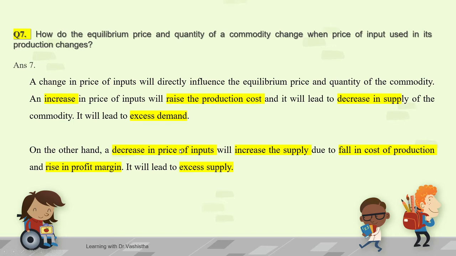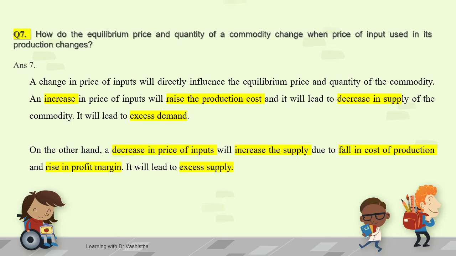How? Because an increase in the price of inputs will raise the production cost, and it will lead to a decrease in the supply of that commodity. When the supply goes down, that will lead to a situation of excess demand.